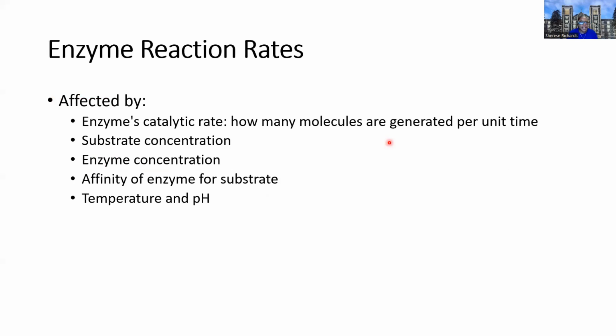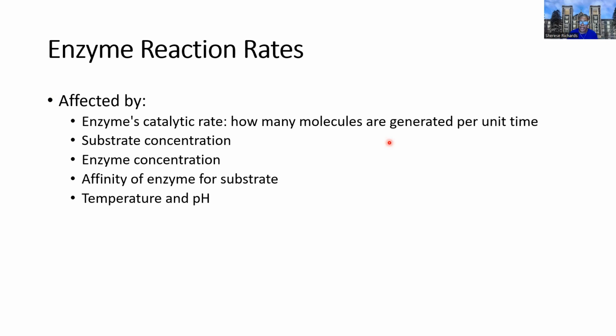Let's think about enzymatic rates and factors that affect how fast or slow a reaction can proceed. Things that affect a reaction rate would be the catalytic rate of an enzyme individually. This can sometimes be determined by how many molecules of product or substrate are generated in unit time. So how fast is that enzyme at making product or substrate? The second factor is the substrate concentration.